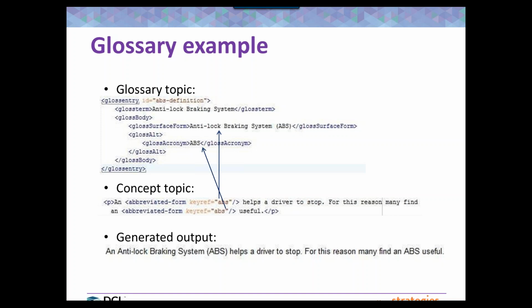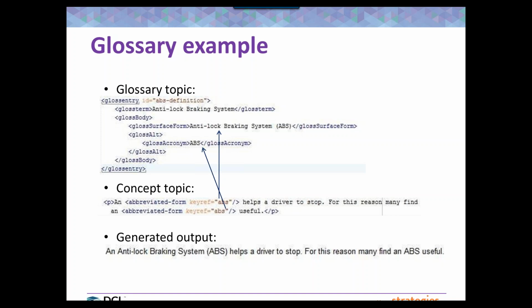Well, this is what it would look like in the concept topic that references it, that there's a key ref to ABS, and that the first time, let's say this concept topic is the first one that gets processed, the first instance would get the surface form, that is fully spelled out, and all subsequent instances of this abbreviated form with that association with the key ref would get the acronym.